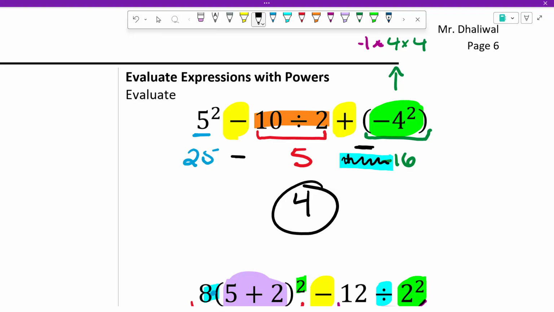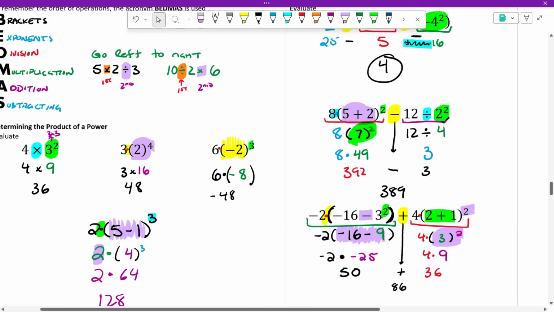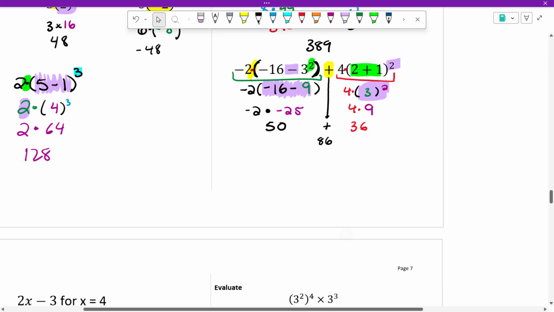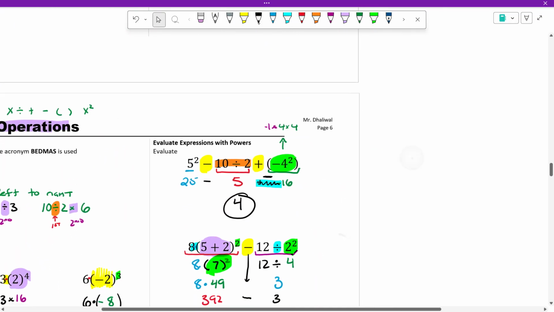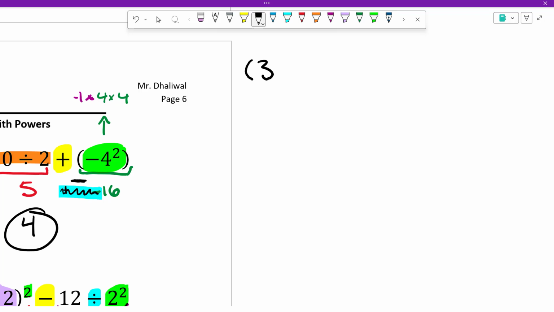So now, before we go to the back page, you don't have to write these down. You can, but somewhere where you have space. All right. Let's go. I'm going to do 2 questions with you. I'm going to do this one in black.